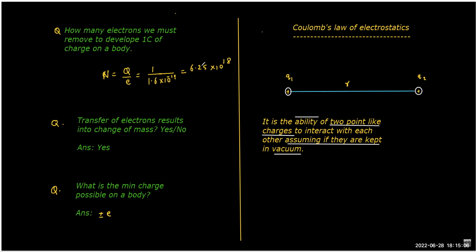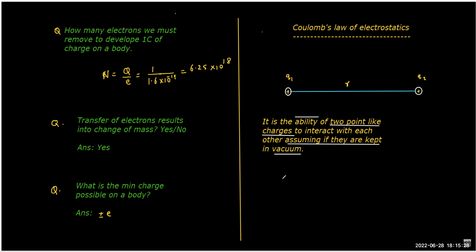So two charges do not change their ability whether a medium is there or not, but what they actually experience will change. So we'll talk about the role of medium and the concept of electrostatic force, which is quite similar to the Coulomb force with some modification.